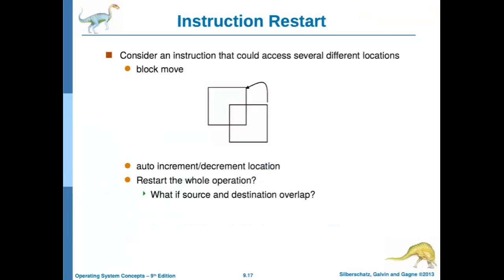So this is the instruction restart. That could access several different locations. For example, moving a block, maybe auto increment or decrement location. In that case, we need to restart the whole operation. And that typically creates a problem. For example, whenever it results in some sort of source and destination address overlap.